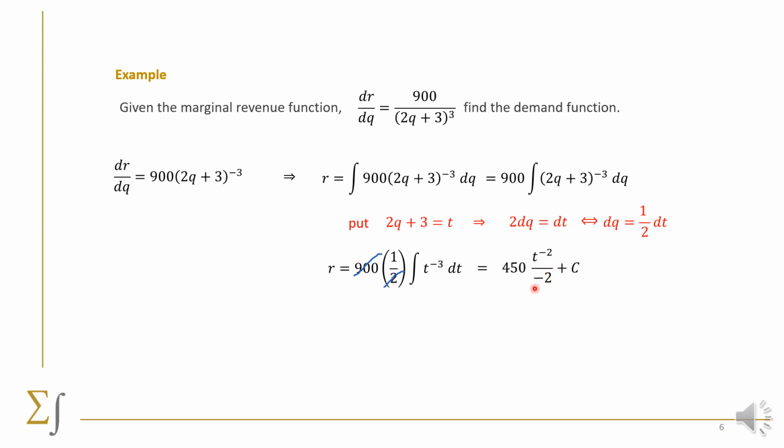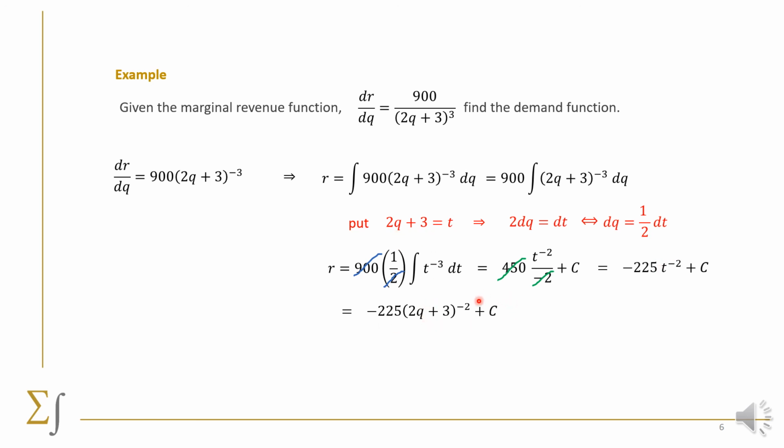Also, we can cancel the minus 2 with the 450, so we get minus 225 into t power minus 2 plus c here. Again, we take the t and replace it by 2Q plus 3 so that we get this form.